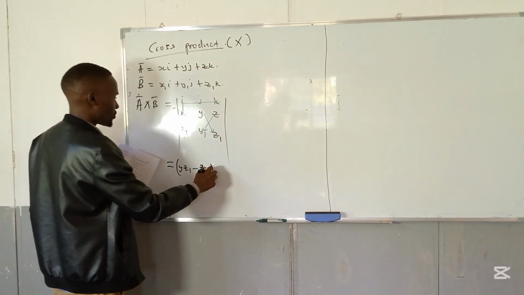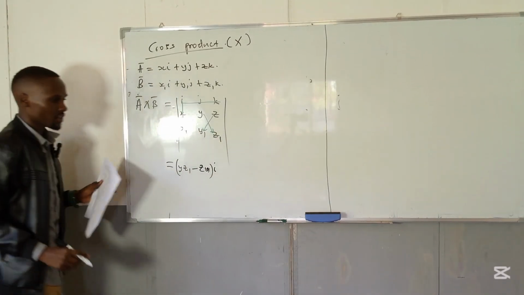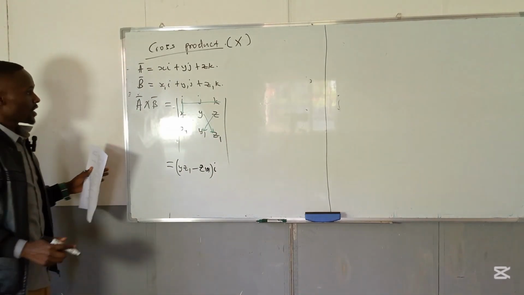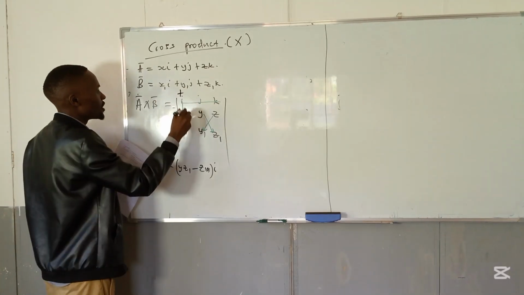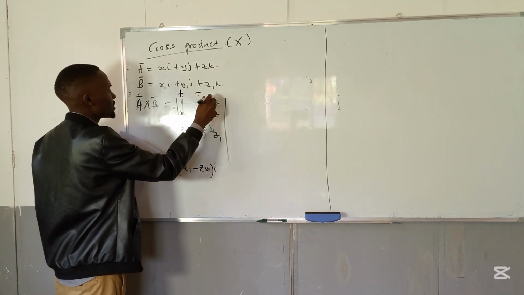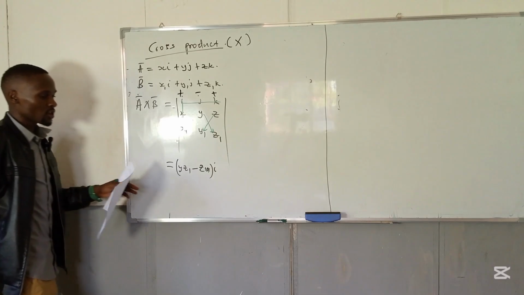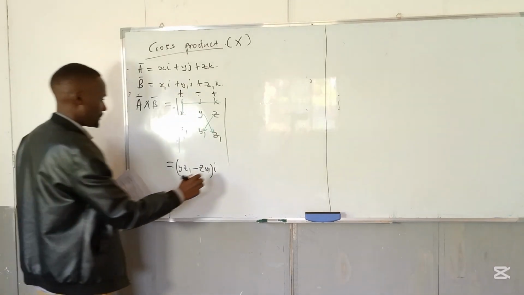Then outside we have the symbol for the I direction. We should not forget that here this is positive, this one is negative, and this is positive. So the next sign will be minus.